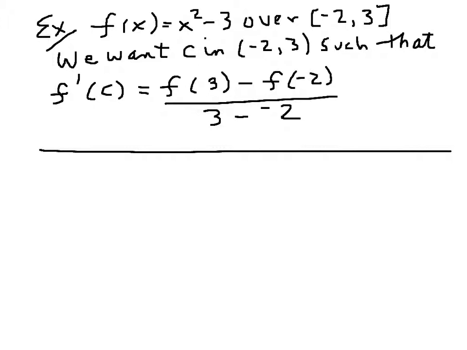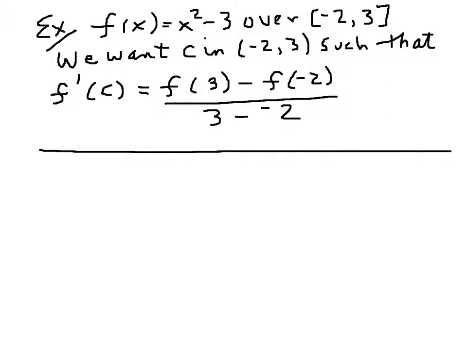So in this case, let's look at a function which does satisfy the conditions of the mean value theorem. Here f(x) is x squared minus 3, which is a polynomial, and polynomials are going to be differentiable and continuous everywhere. And so for this one, we want to look at it over the interval, say, -2 to 3.